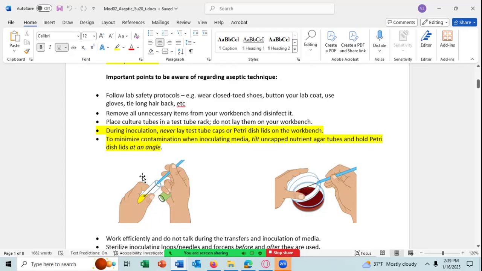What you need to do is hold on to the cap and the lid and then inoculate the tube. If there's bacteria on that loop, we then have inoculated the media. So to minimize contamination when inoculating a media, if you have a tube, you should tilt the tube at an angle and then pretend this is a loop, bring the loop into the tube at an angle.